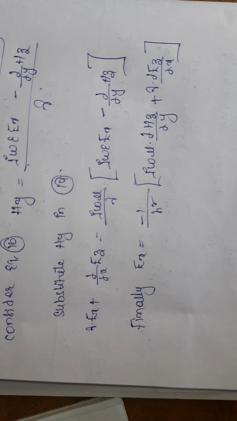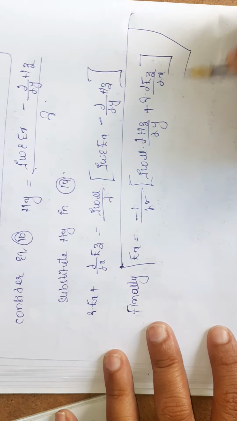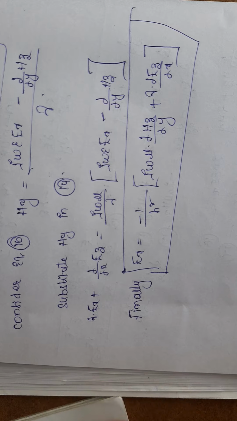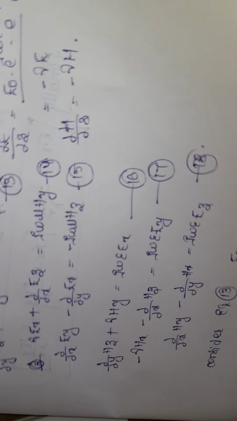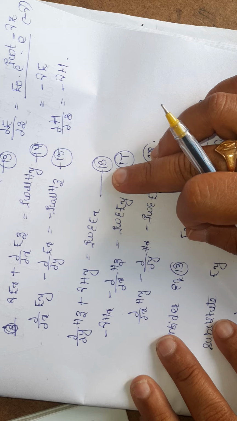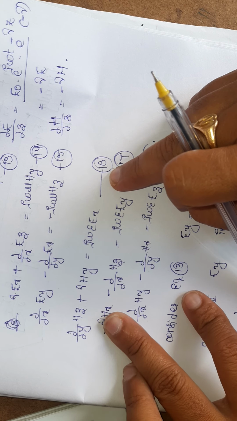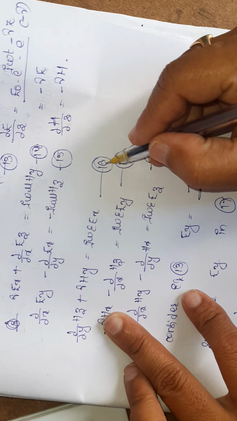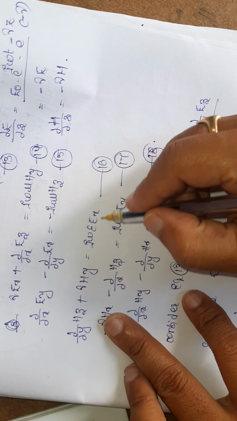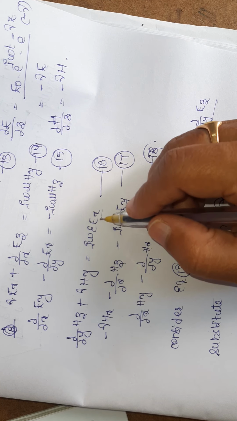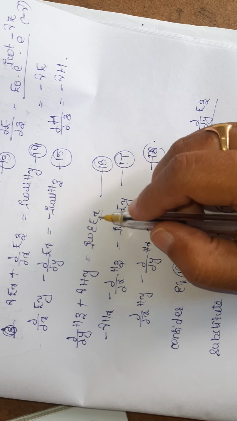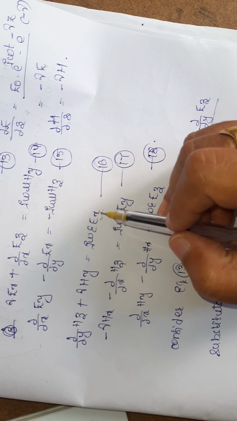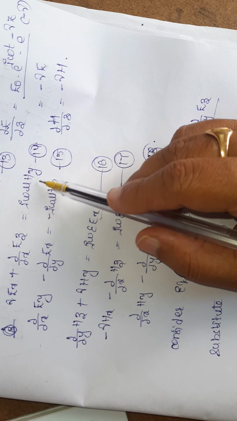So now we got the expressions for Ex and Hx. To get the expressions for Ey and Hy, what you have to do is consider equation 16. To get the expression for Hy, consider equation 16, write down the expression for Ex, and that formula you got you have to substitute in equation 14.